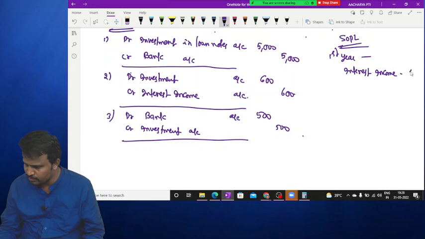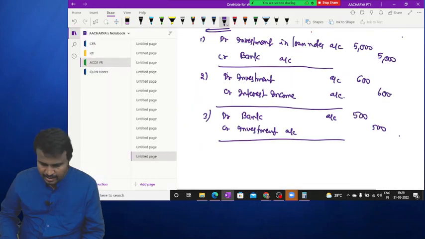Clear? Because fair value gain or loss is not applied in case of amortized cost.